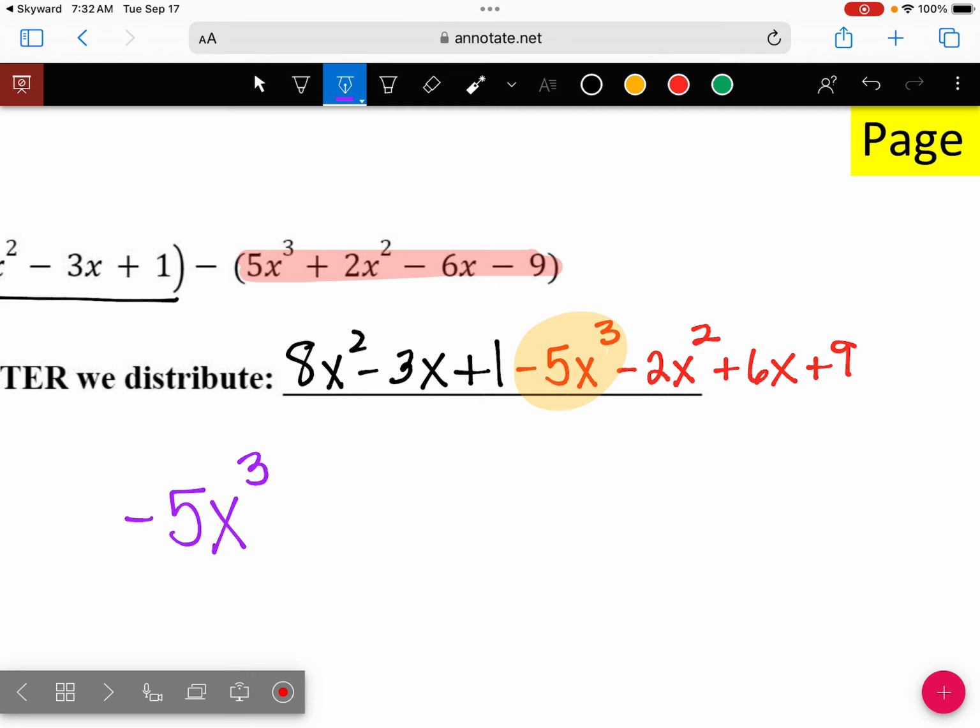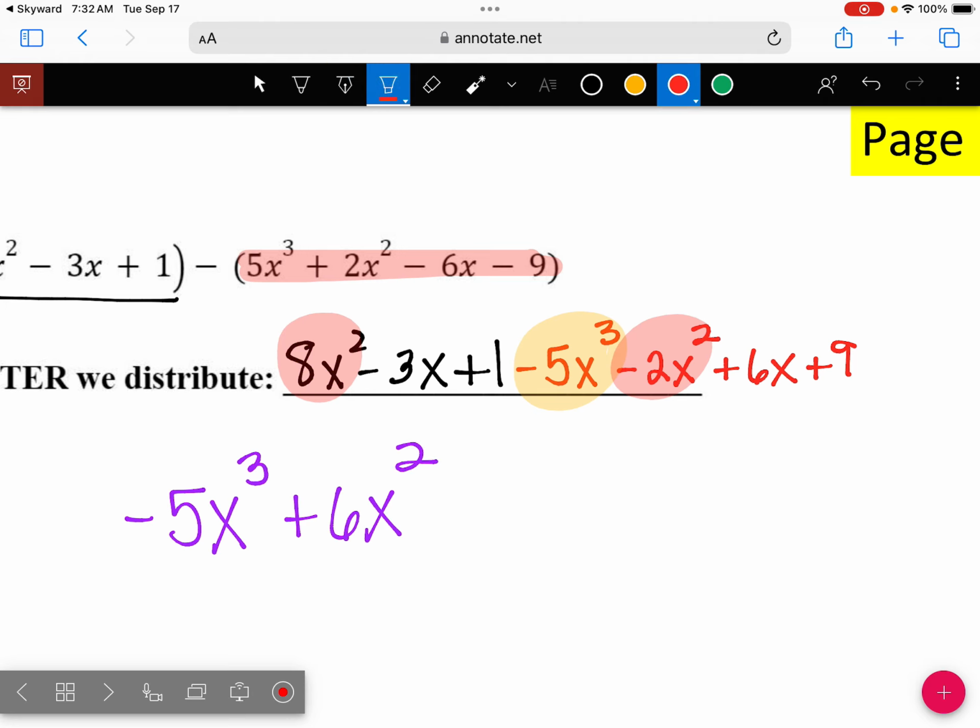And then we have our x squared terms. 8x squared and negative 2x squared. What would that give you? 8 plus negative 2. Willie, what would you put for that? 8 minus 2. Positive 6. Good.